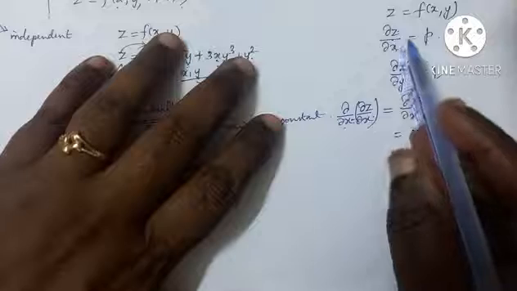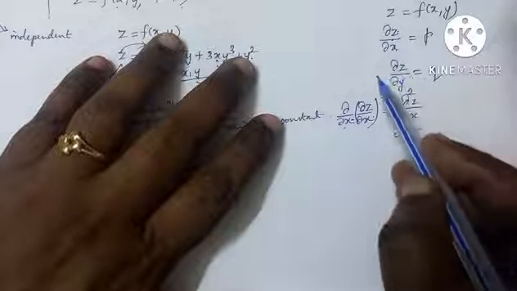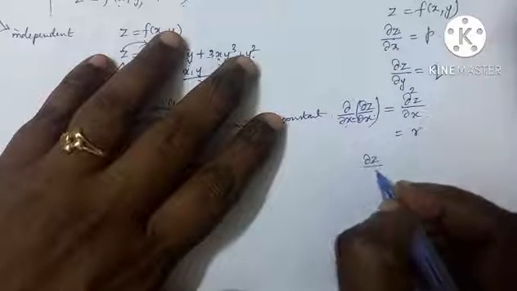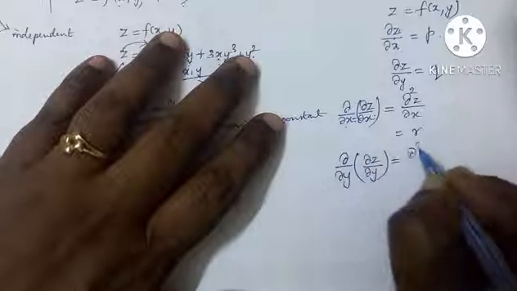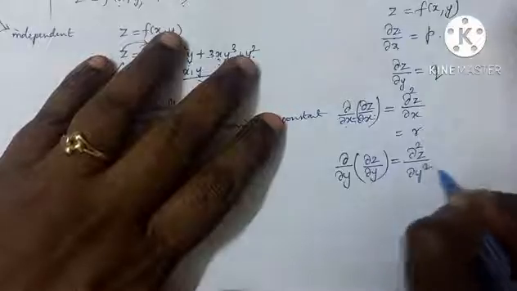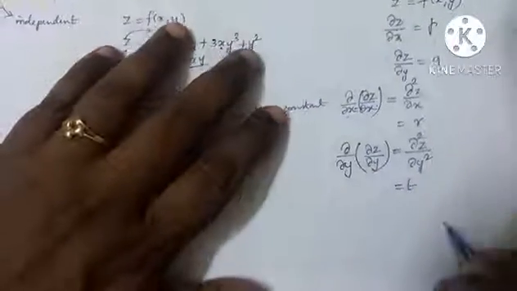Similarly, when you differentiate dou z by dou y with respect to y, it becomes dou square z by dou y square, which we call t.